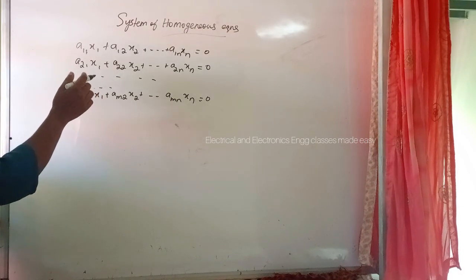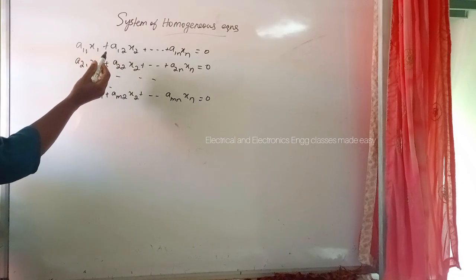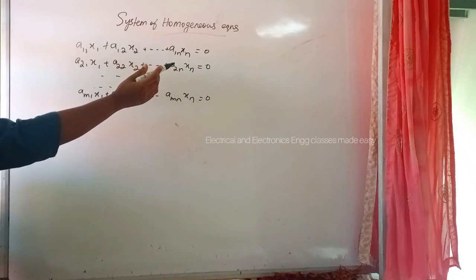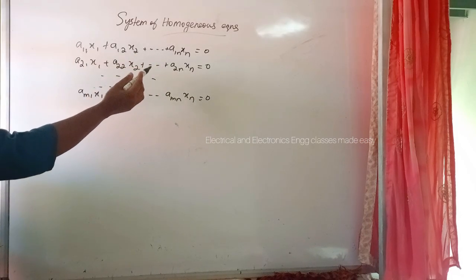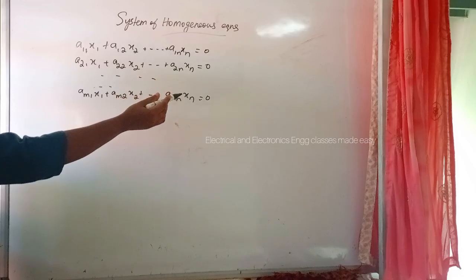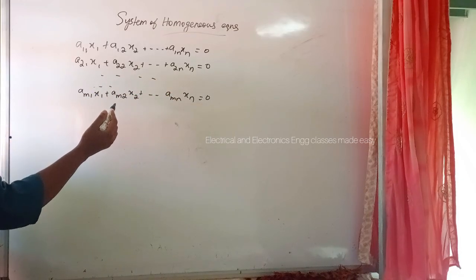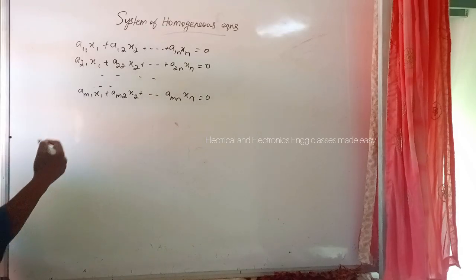So consider a set of equations, that is a11 x1 plus a12 x2 plus etc plus a1n xn equal to 0, a21 x1 plus a22 x2 plus etc plus a2n xn equal to 0, etc, am1 x1 plus am2 x2 plus etc amn xn equal to 0.